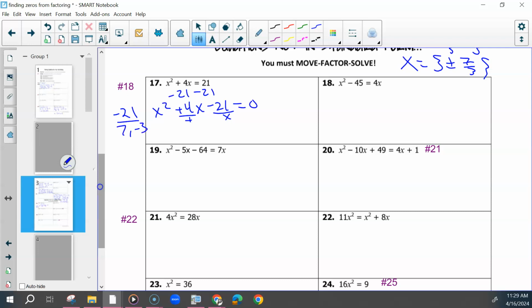You're looking for two numbers that multiply to be the last number, add to be the middle, and in this case that would be 7 and -3. Make your two factors. How would I write these two factors? So when I set both equal to 0, what would my two solutions be?